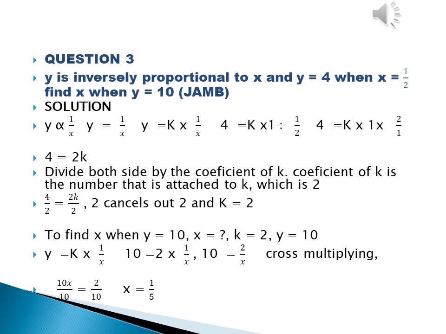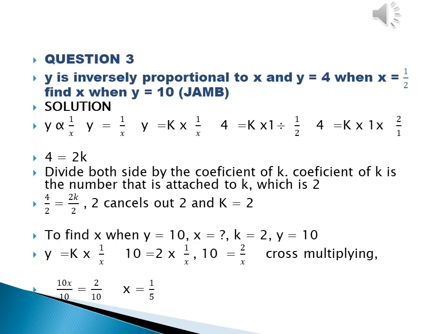To find x when y is equal to 10, x is equal to question mark, k is equal to 2, and y is equal to 10. So y will be equal to k multiplied by 1 over x. So 10 will be equal to 2 multiplied by 1 over x. So 10 will be equal to 2 over x.